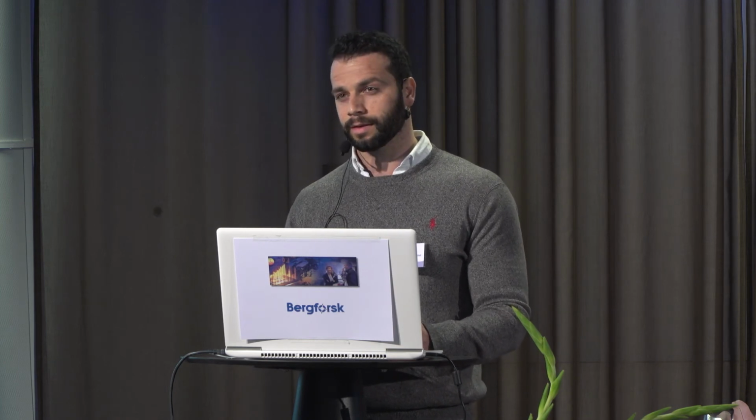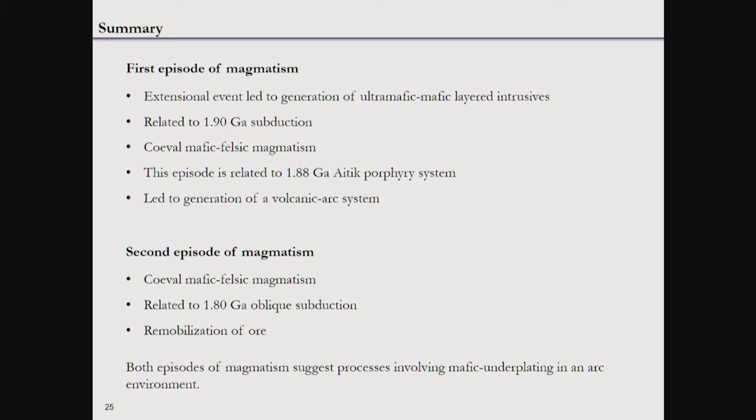The second magmatic event was also related to 1.8 billion year subduction, and also generated felsic and mafic rocks. Some studies indicate that it remobilized some of the ore in the Gällivare area, or perhaps even added some ore.